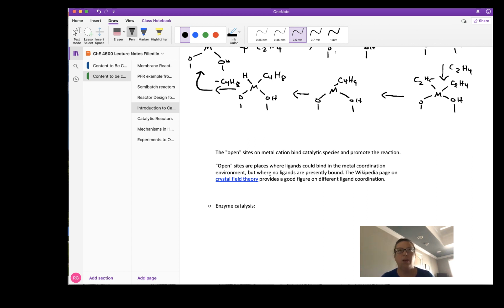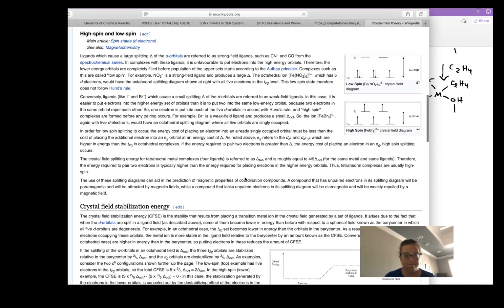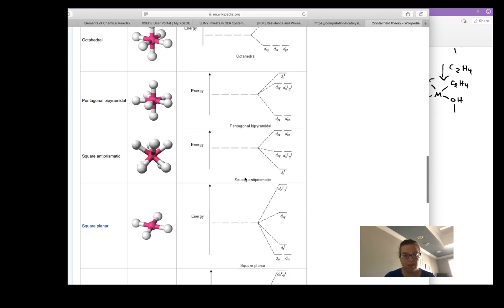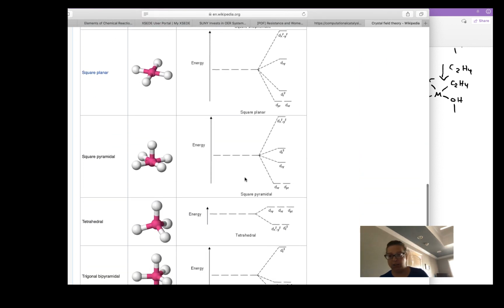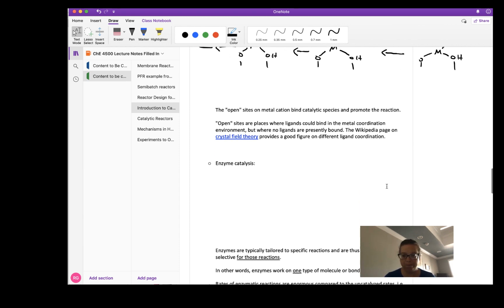To get a good picture of what ligated metal complexes look like, the Wikipedia page actually has a pretty good picture, so I encourage you to look at that if that would be helpful.